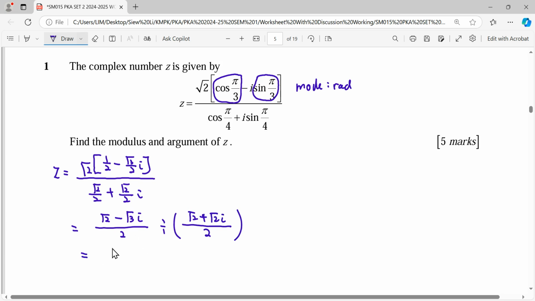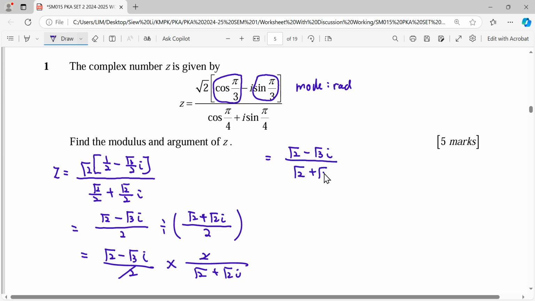And inverse it. So 2 can be simplified, which means that this is your complex number in the simplest form.